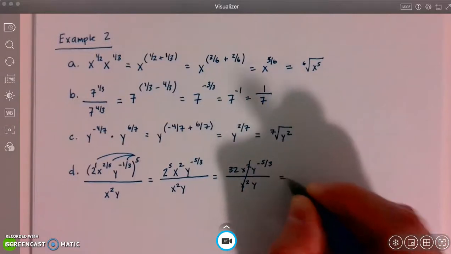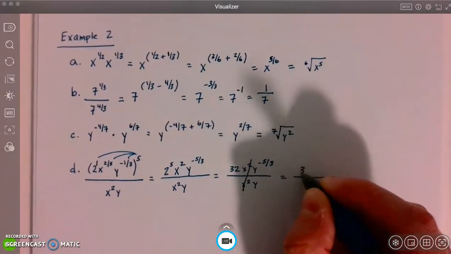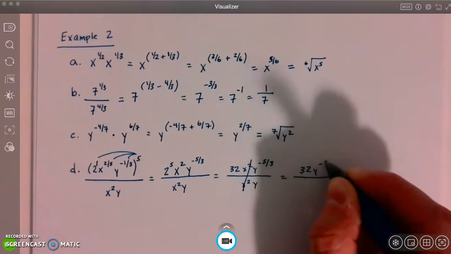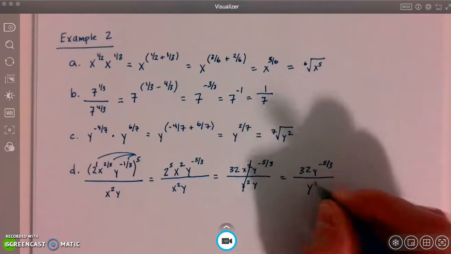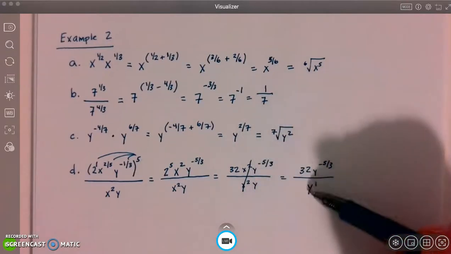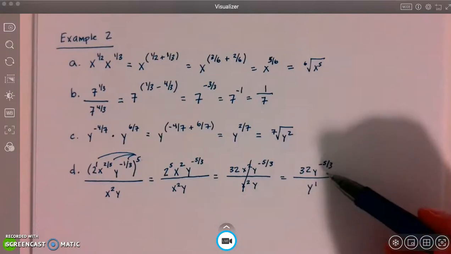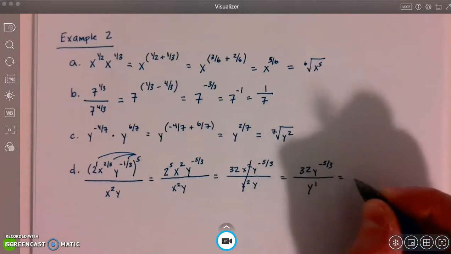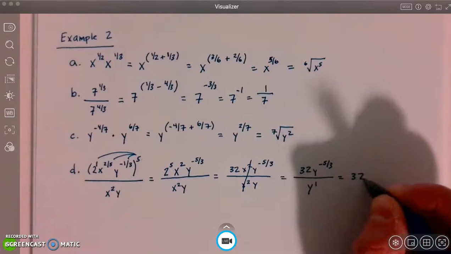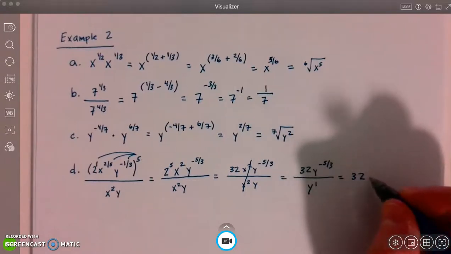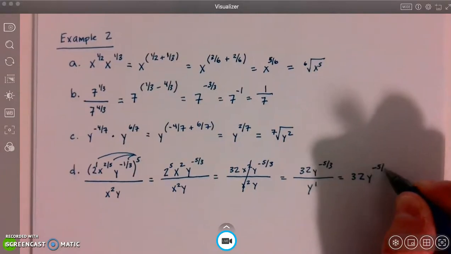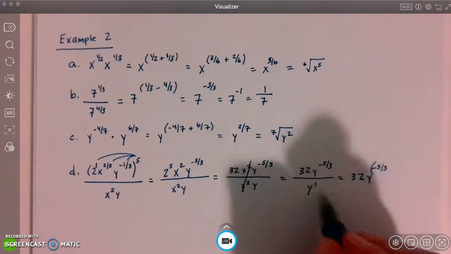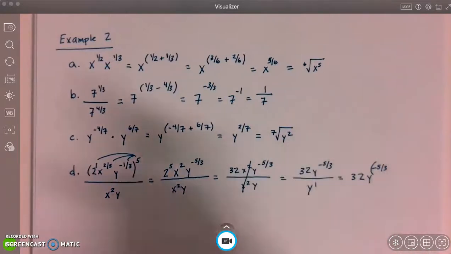Then we are left with 32 y to the negative 5/3 all over y. The exponent of that y in the denominator is 1. So we have like bases right here, and we should subtract these exponents. So I'm going to end up with 32, and I'm going to do y, and in the exponent I'm going to have negative 5/3, and I'm going to subtract 1, but I'm going to subtract 1 with its common denominator.